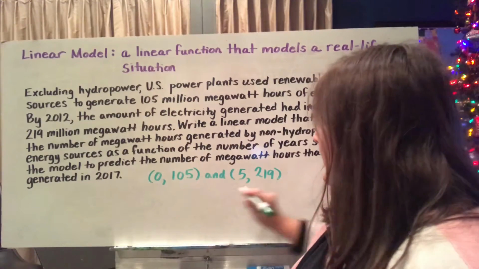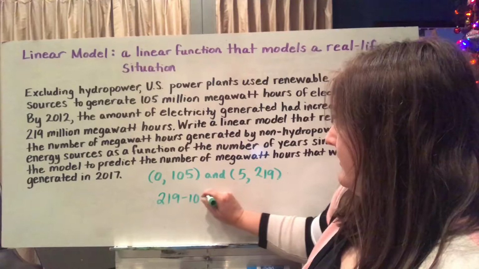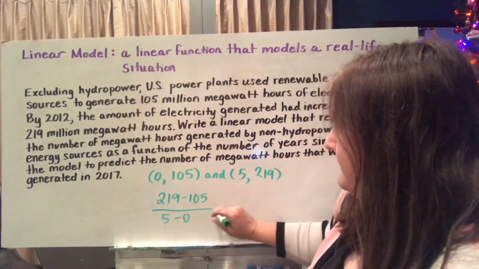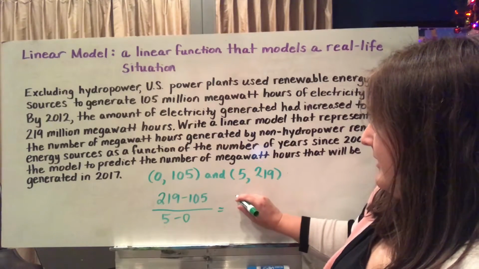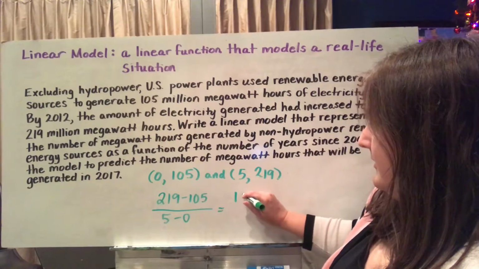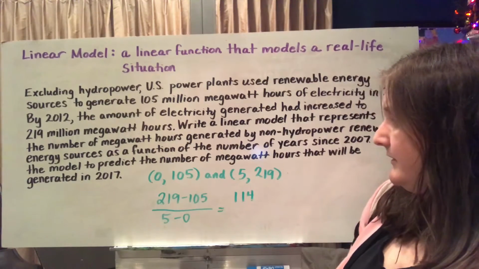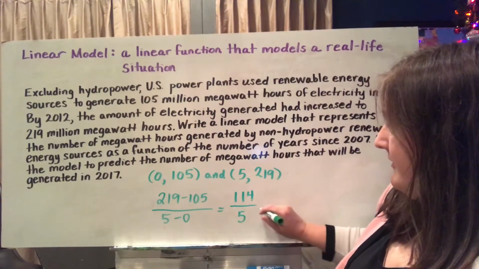So I have to do my y's subtracted over my x values subtracted. So 219 minus 105, I'm going to get 114. And 5 minus 0 is going to give me 5.